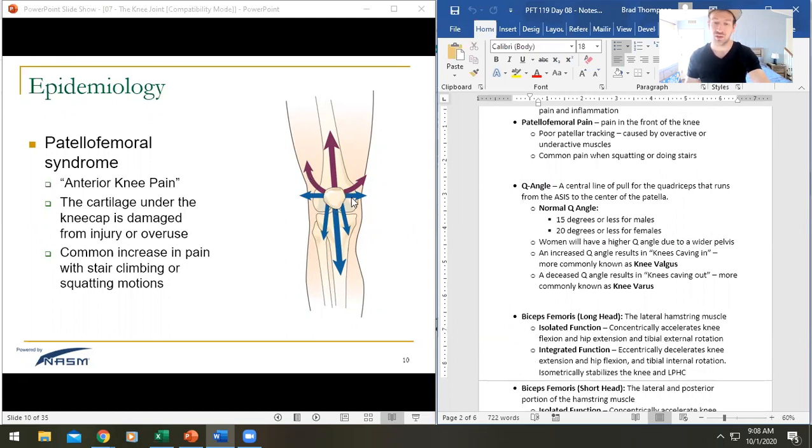You can see these little arrows here. The reason we're drawing these arrows is because of why it's called patellofemoral, right? This is your patella. This is your femur. And so you'll get pain where these two bones are rubbing on each other. These arrows represent poor patellar tracking. Your patella moves up your femur when you go into a knee extended position, and it drops down during other motions.